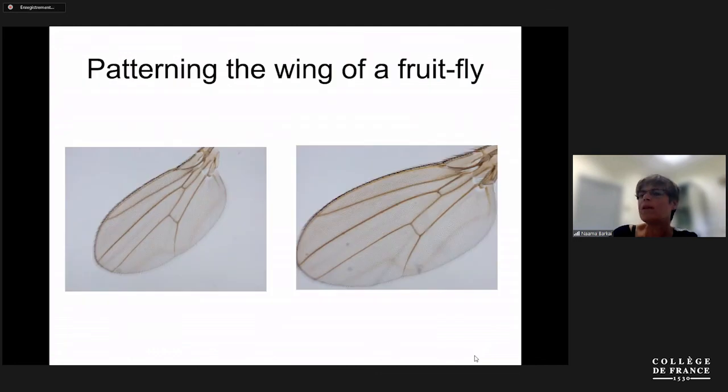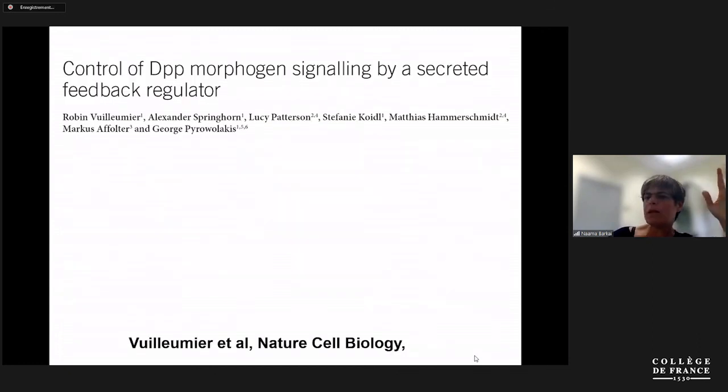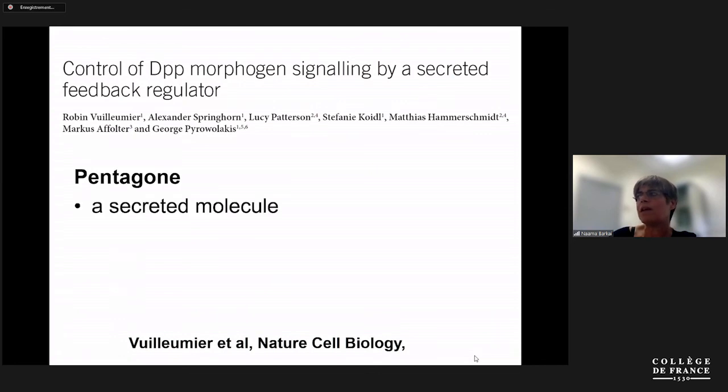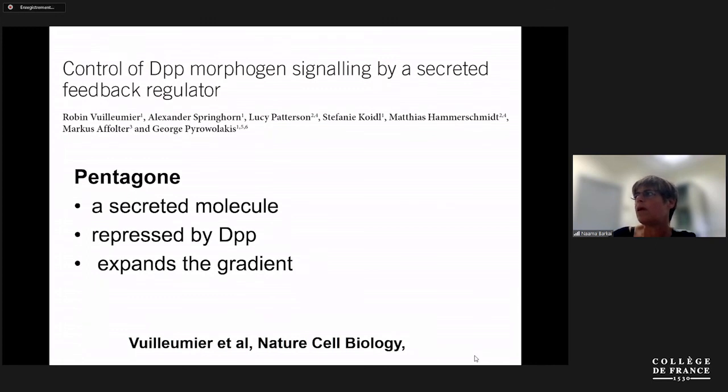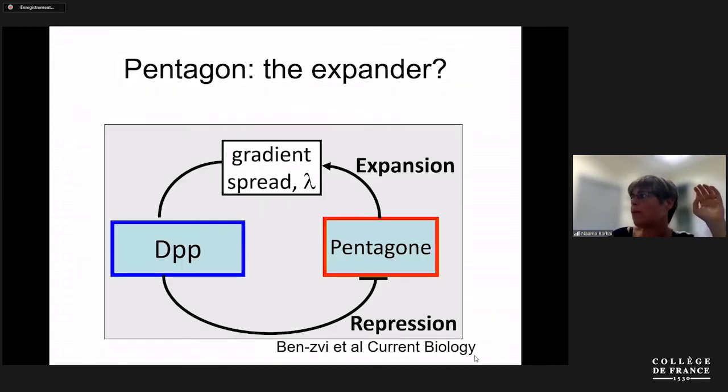This system is patterned by a BMP molecule, a diffusible gradient, DPP, which is of the same class of BMP. This was known for a long time, but then this paper described a secreted feedback regulator called Pentagon, which seemed to be exactly what we were looking for: a secreted molecule repressed by DPP that expands the gradient. So we said, maybe we have our expander, and we did some experiments which support that this is actually the case.